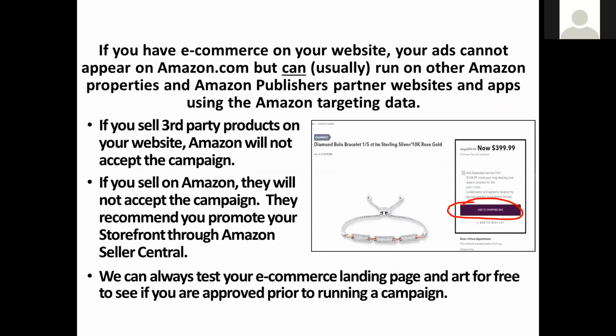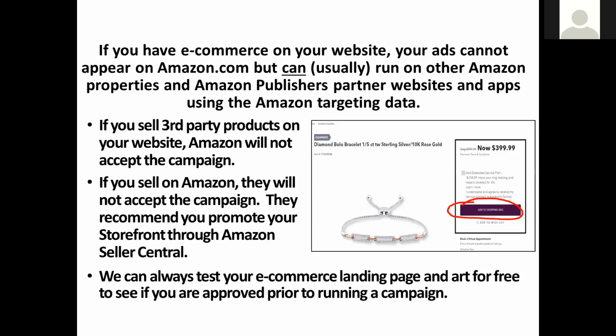Now, if you do have e-commerce on your website, your ads can't appear on Amazon.com, but they can run on other Amazon properties and Amazon publisher partner websites and apps using that targeting data. If you sell third-party products on Amazon, Amazon's not going to accept the campaign.